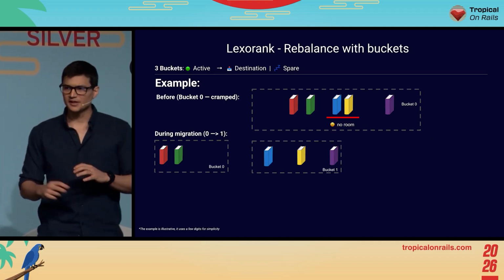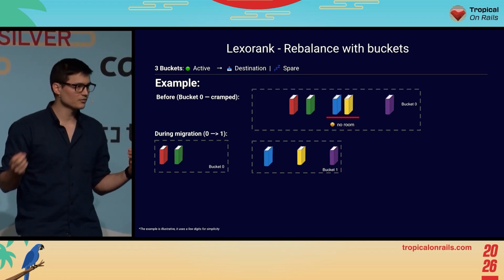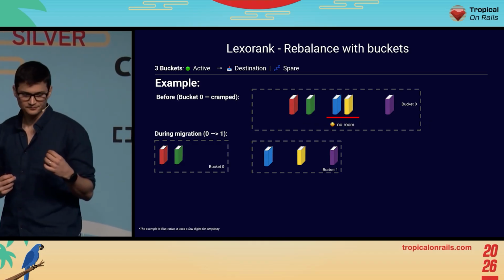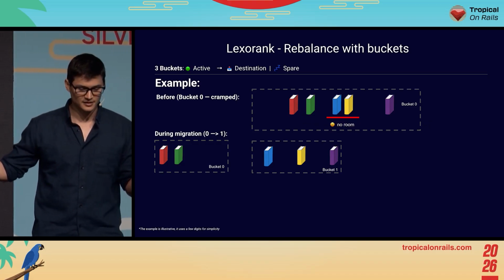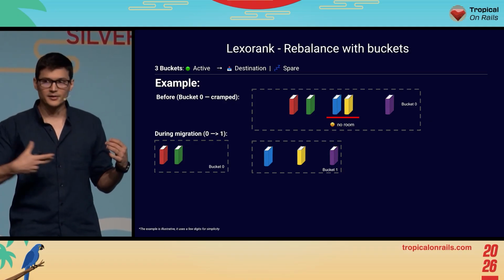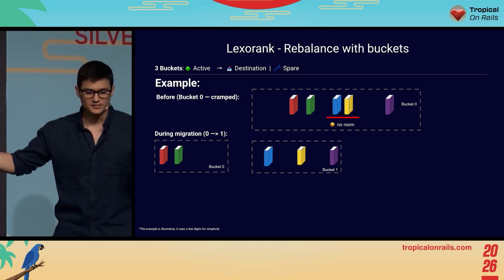So instead of locking the entire row and preventing users from writing, inserting, or reordering products, what I'm going to do is the bucket idea. I'm going to migrate the right part of my list to my new bucket. In this case, purple, yellow, and blue are in bucket 1, but they are rebalanced. They have a gap between each consecutive book.